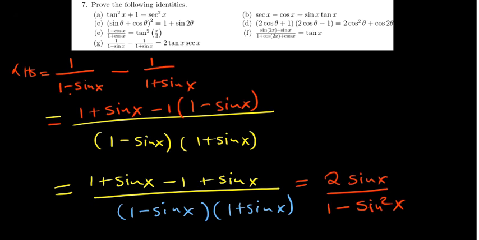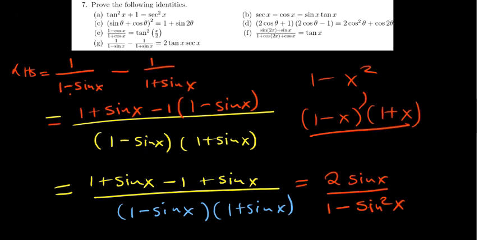Some of you, if you've forgotten the difference of 2 squares, this is like a case where you have x squared minus 4, which can be expressed as x minus 2, x plus 2. Even 1 minus x squared, you can still express as 1 minus x and then 1 plus x. So if you have this, you can take it to that. So I think that's what is happening there.